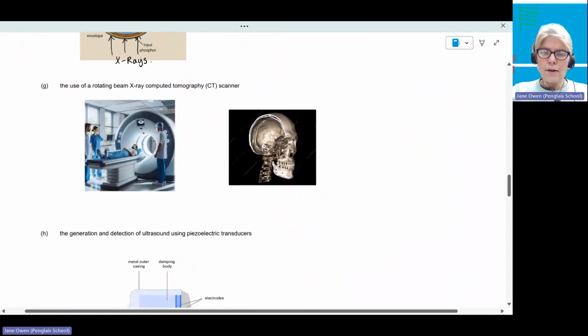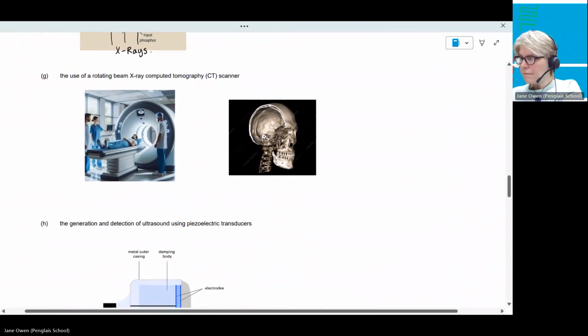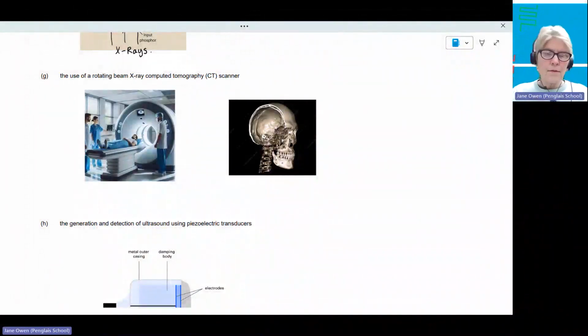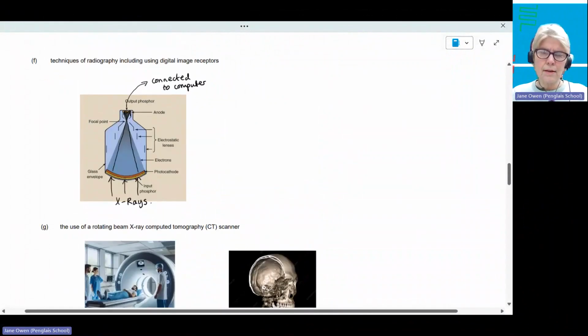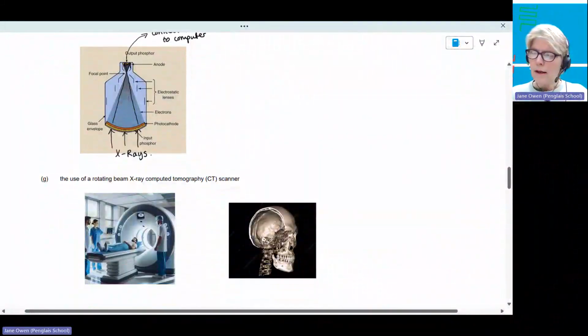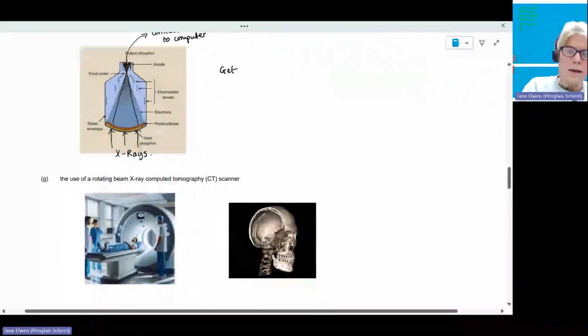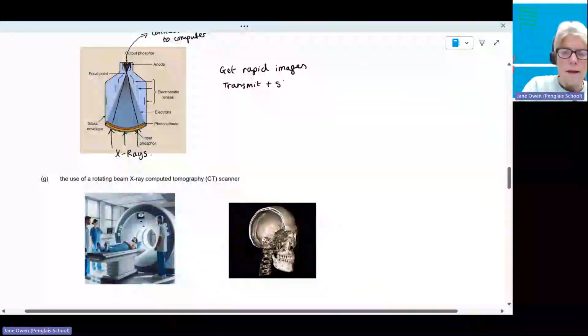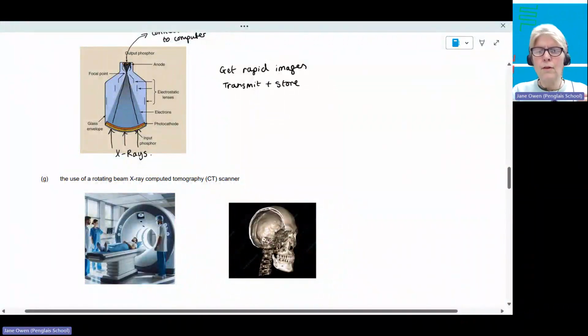So we have then the CT scanner. The advantage of using something like this with a digital image is that we can get the images very rapidly. So you can get rapid image acquisition, and you can then transmit and store that information for future use or for other consultants to have a look at.